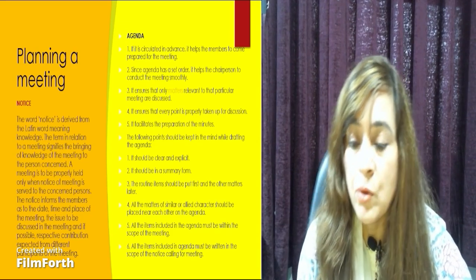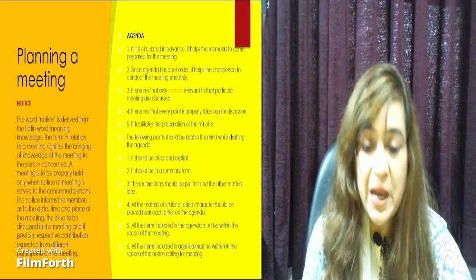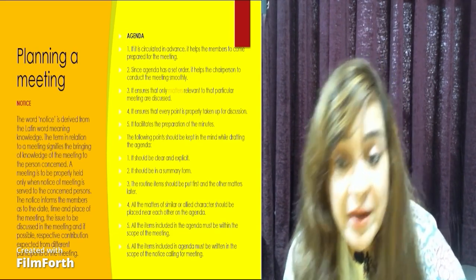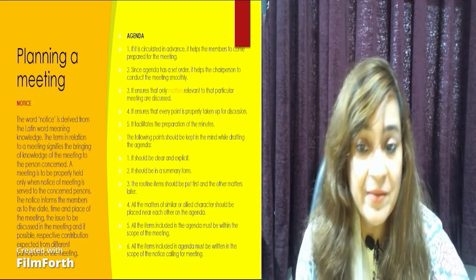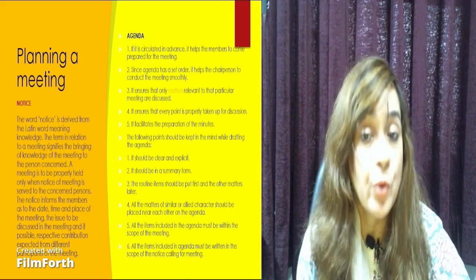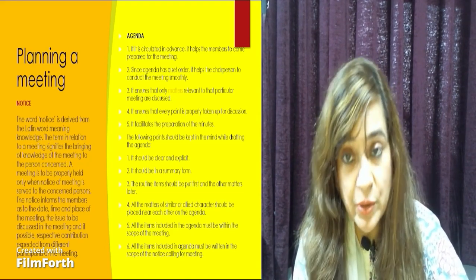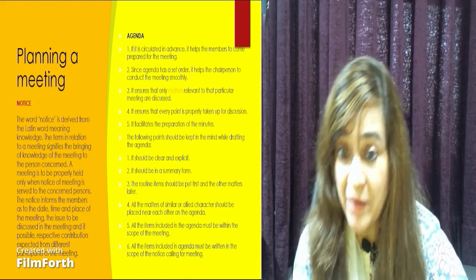And obviously all the items that are included must be within the scope of the meeting. It means that something irrelevant should not be included, so that members are not lost and do not really know what to do and what to talk about, because obviously the agenda has to be disseminated much earlier, prior to the meeting, so everybody is aware.